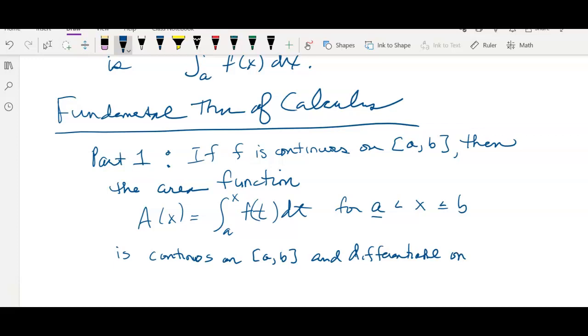Do you remember that with differentiable you don't include endpoints, so it's (a, b) with parentheses.